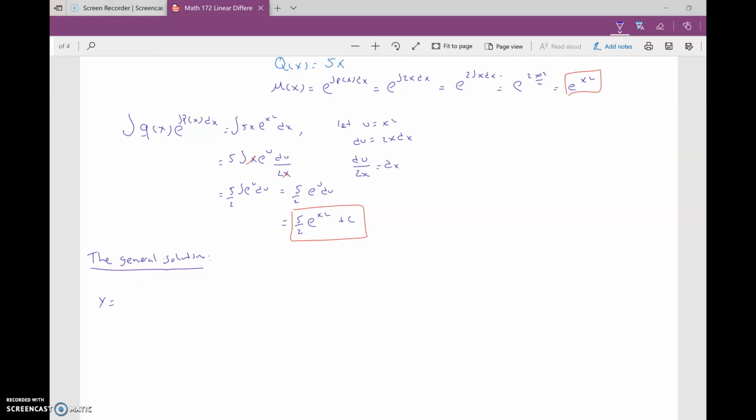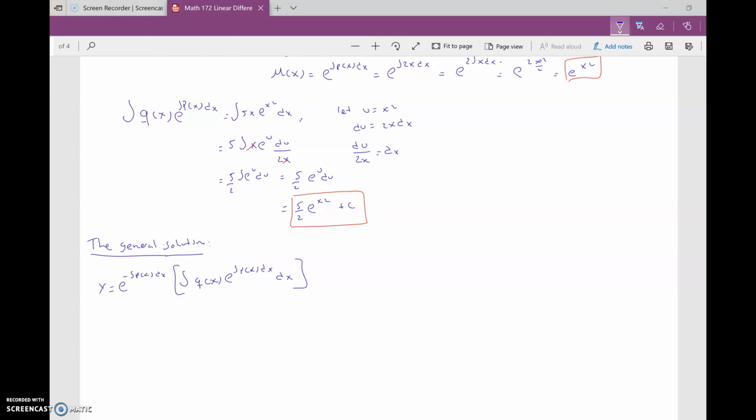So this one has an e to the negative integral of p of x dx, times the integral of q of x e to the integral of p of x dx, and this is dx.